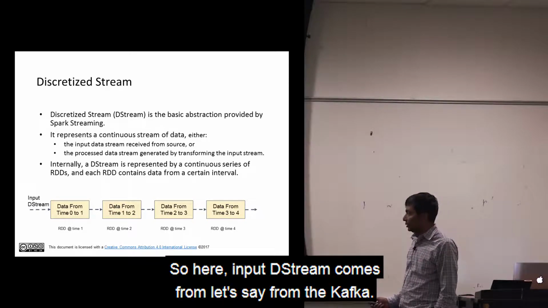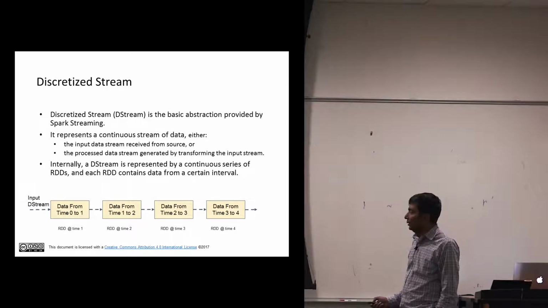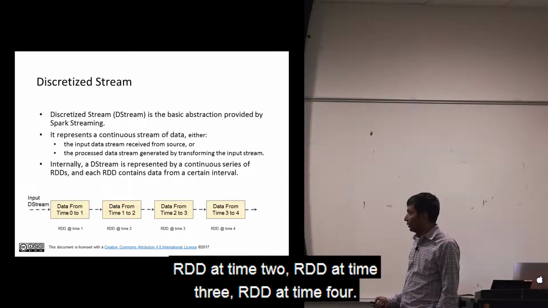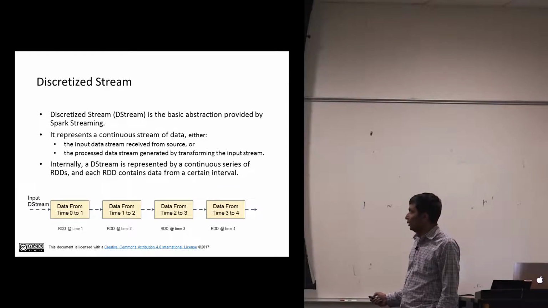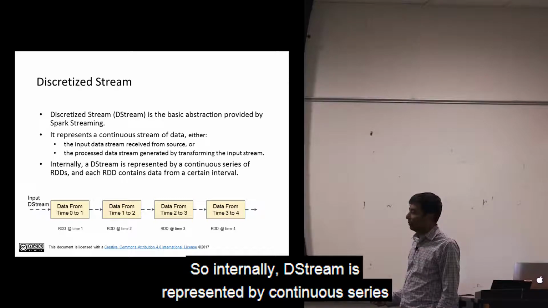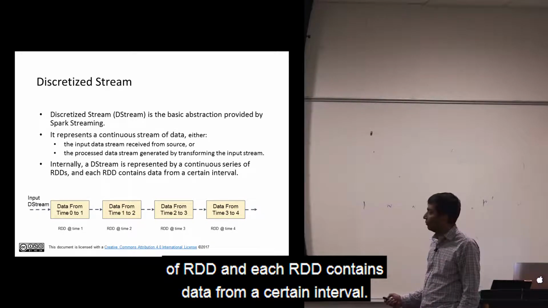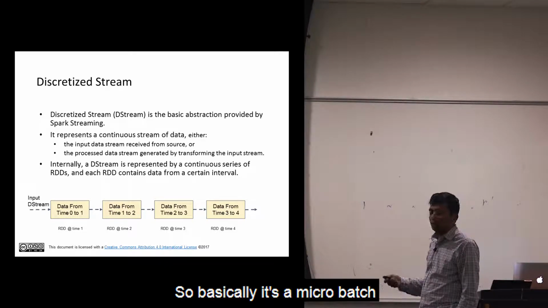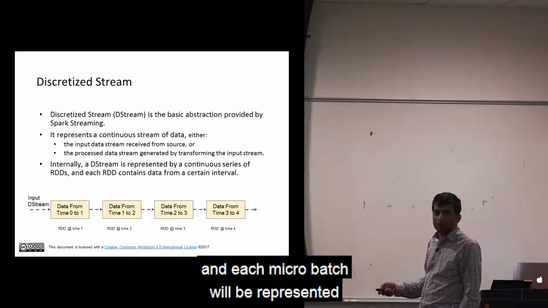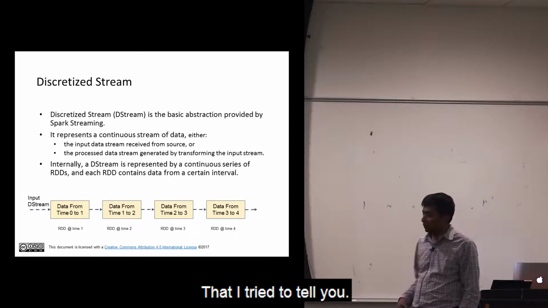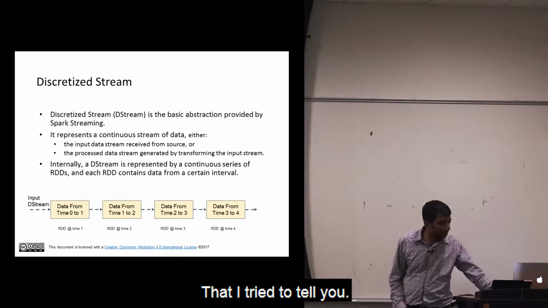Here the input D stream comes from, let's say, Kafka, and you will create an RDD at time 1, RDD at time 2, RDD at time 3, RDD at time 4. Internally, a D stream is represented by a continuous series of RDDs, and each RDD contains data from a certain interval. So basically it's a micro batch, and each micro batch is represented by an RDD containing a number of records. That's what I'm trying to tell you.